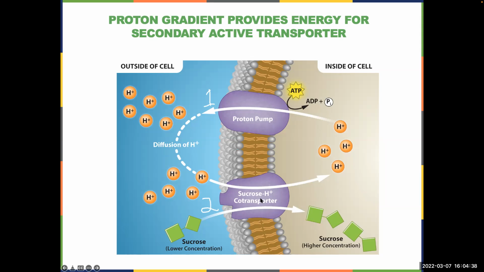Then you have this other protein that is going to capitalize on that gradient, allowing a little bit of protons to come back in. That provides the energy to force sucrose against its concentration gradient. It's so energetically favorable for a couple protons to come back into the cell that it allows sucrose to be pushed against the concentration gradient.